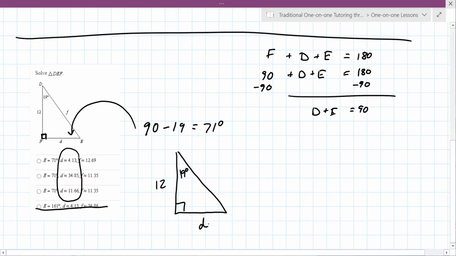We want to find side D, and you have options here: sine, cosine and tangent, SOH CAH TOA. Relative to 19, what is D and what is 12? Your options are O, A, or H. Is D adjacent? Is it the hypotenuse? Is it opposite? Same with 12. Is it adjacent, opposite, or hypotenuse?